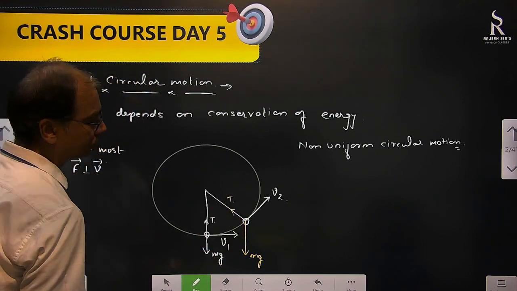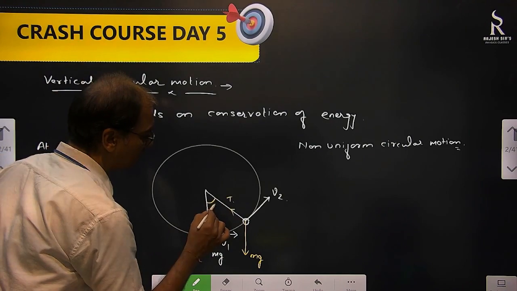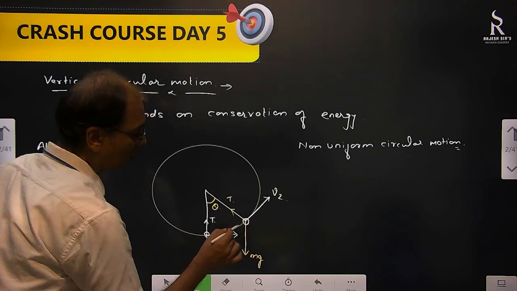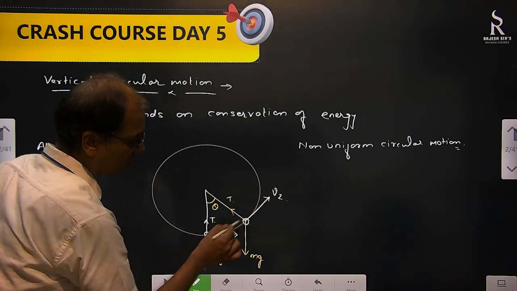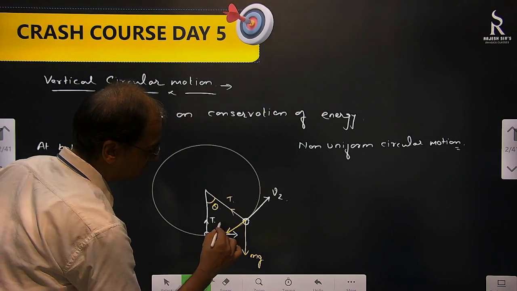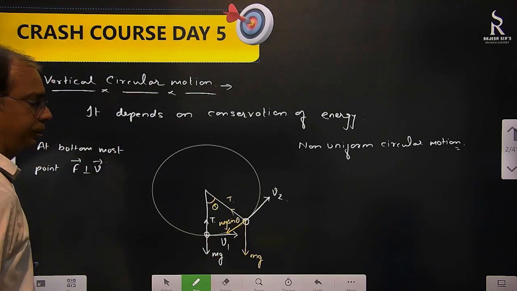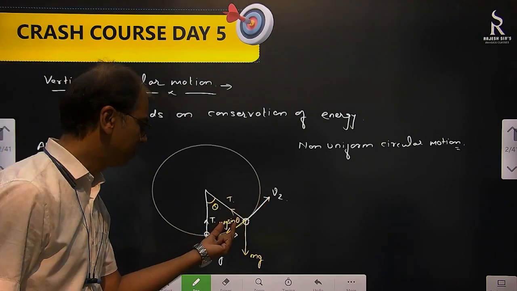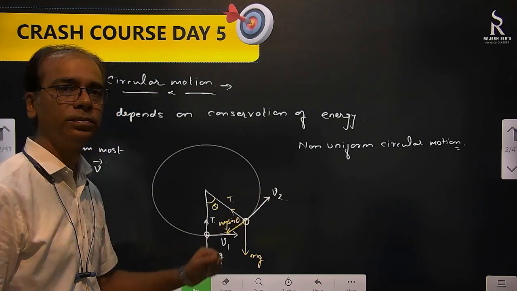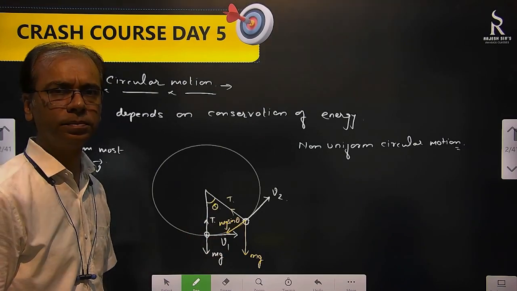Now mg's component: if I say this is theta, then mg cos theta will be in this direction. The component in the direction of velocity is mg sin theta, acting like this. You can see that this mg sin theta force is trying to decrease the velocity, decreasing its kinetic energy or the magnitude of speed.